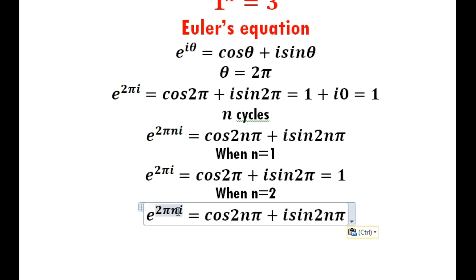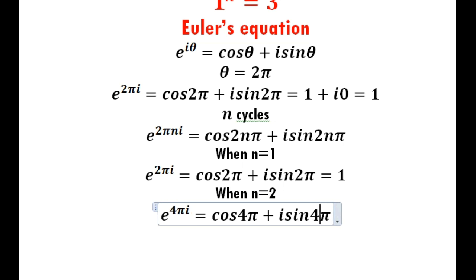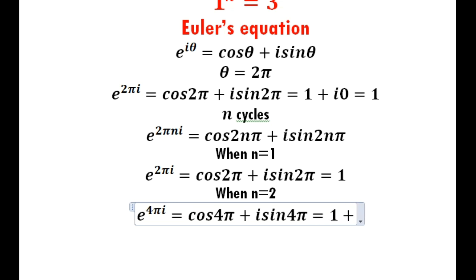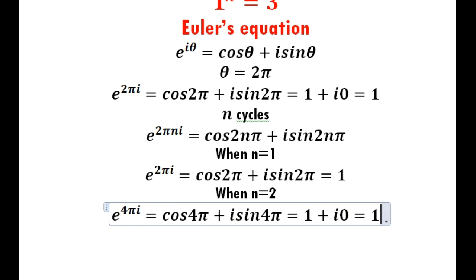Where there is n, we will substitute 2. So 2 times 2 will be 4. So remember, cos 4 pi is also 1, then plus i sin 4 pi is 0. So you still get 1.